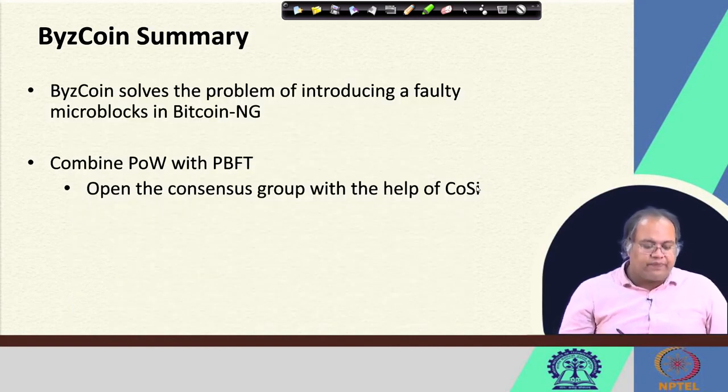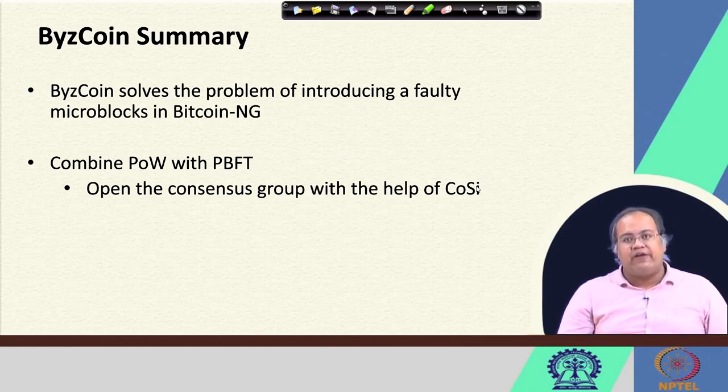So, if I just try to summarize what we have learnt in ByzCoin, ByzCoin solves the problem of introducing a faulty microblock in Bitcoin NG, which can severely affect the performance of Bitcoin NG. It combines proof of work with PBFT with the help of COSI.